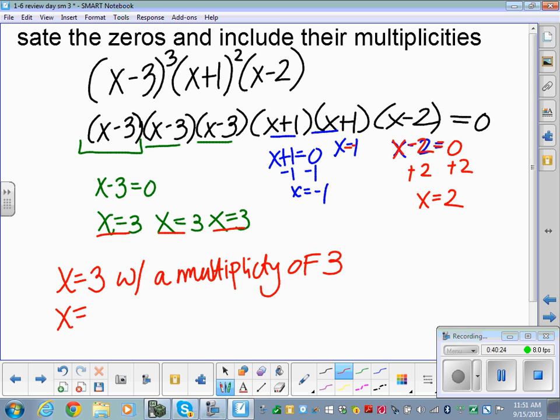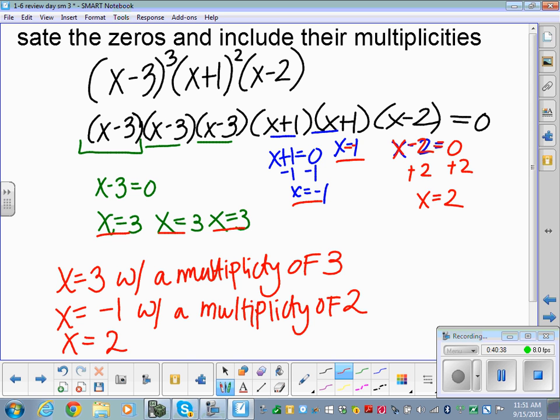And then we get x is equal to negative 1 with multiplicity of 2. It happened 1 2 times. And then we got x is equal to 2. And you don't have to say a multiplicity of 1 because we only got it once, so we're good. All right.